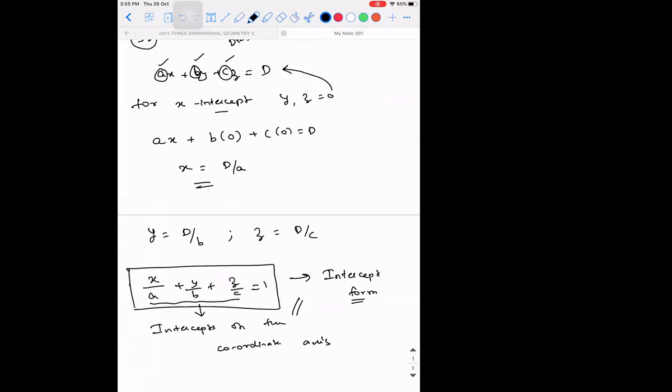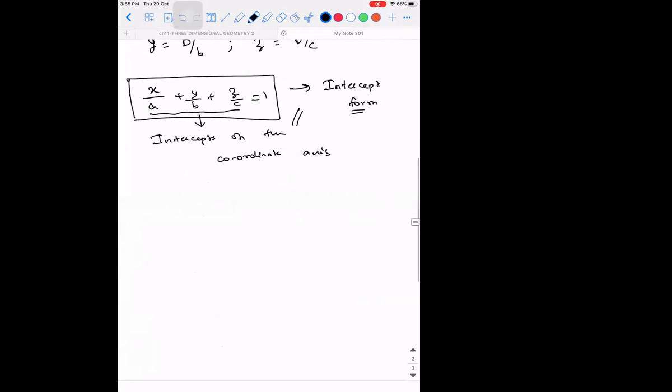Okay. See, if this point is confusing, I would like to show another way to prove this. Listen, guys. Instead of writing small a, small b, small c, I will write the general equation as capital A x plus capital B y plus capital C z is equal to D, where capital A, B, C represent the direction ratios.